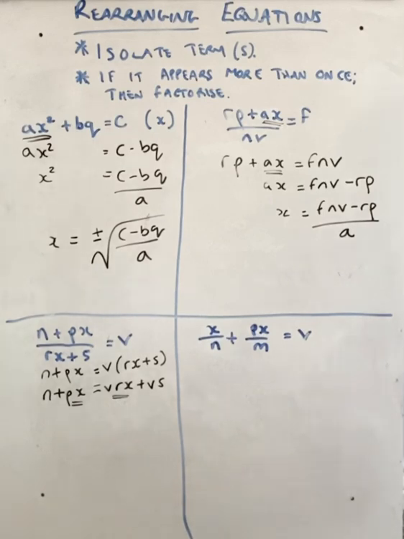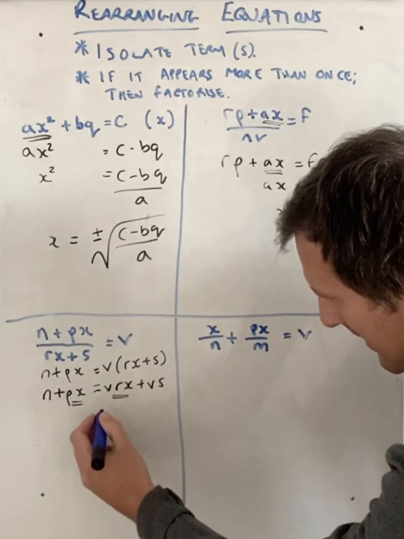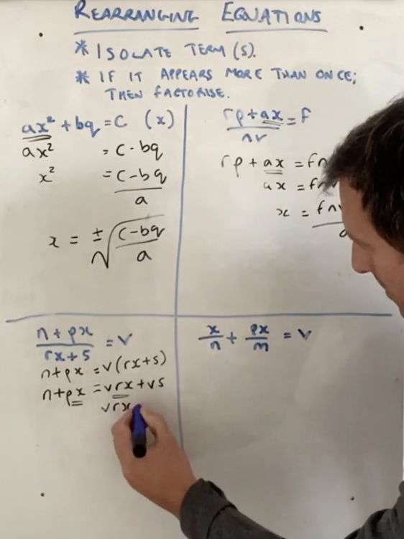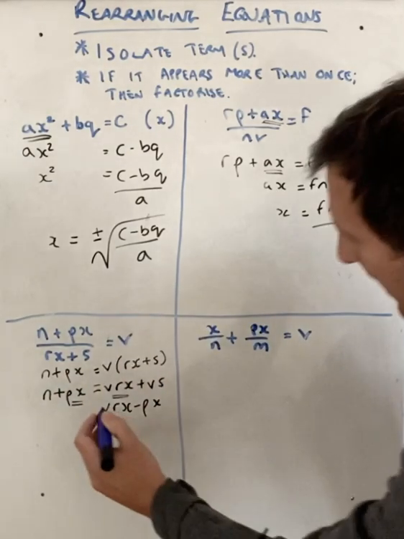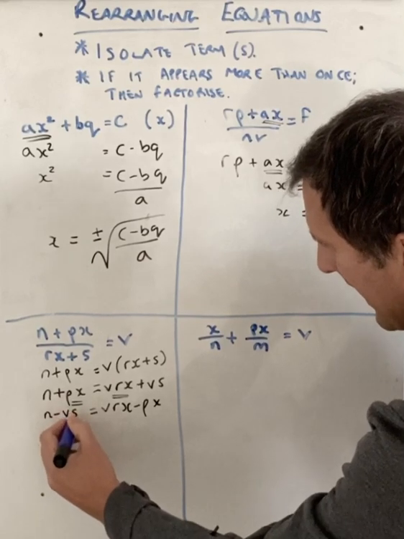And again, look at the terms, try and keep as many terms positive as you can. So I think what I'm going to do here is move the px to the right hand side. So we're going to have vrx minus px. So I've moved it across to make it negative, and that's going to be equal to n minus vs.